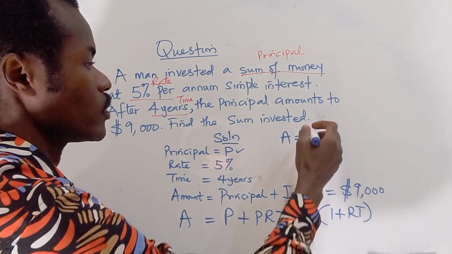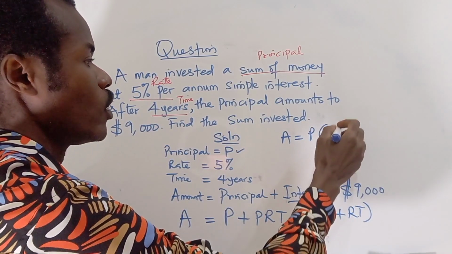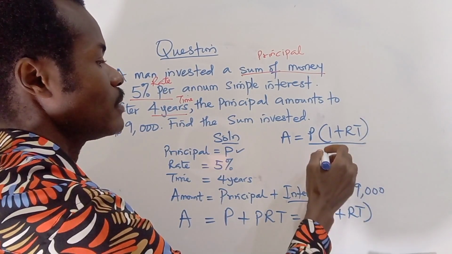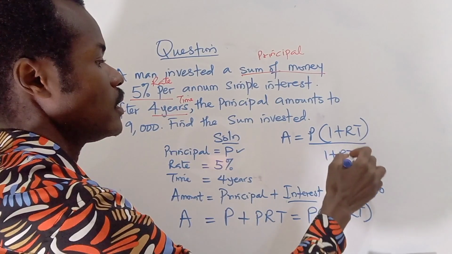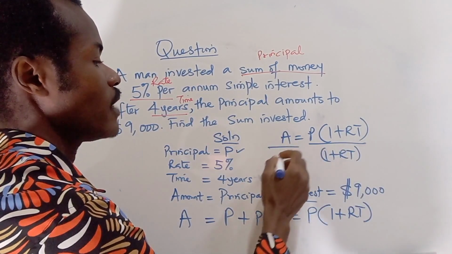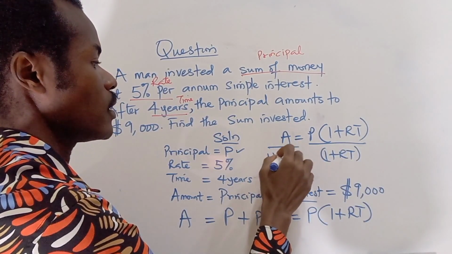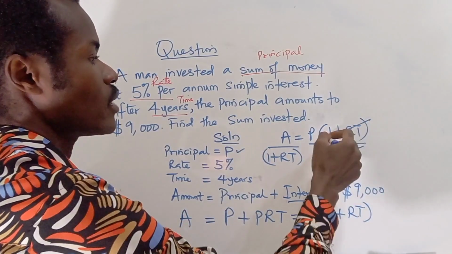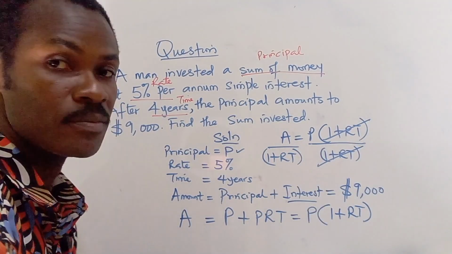The amount is equal to P into 1 plus RT. So I'm going to divide both sides by 1 plus RT. This cancels out, so we are left with the principal.